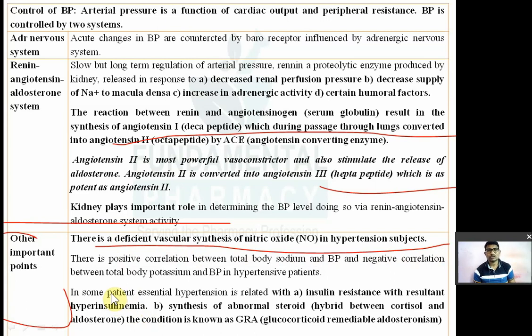Nitric oxide is known as an endothelium derived relaxing factor, EDRF, so it relaxes the blood vessel. So there is a deficient vascular synthesis of nitric oxide in the hypertensive subject. There is a positive correlation between total body sodium and a negative correlation between total body potassium in the hypertensive patient.